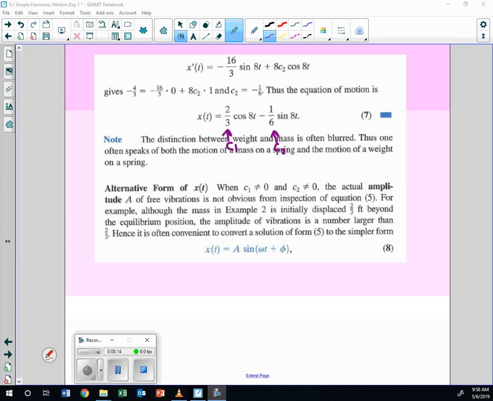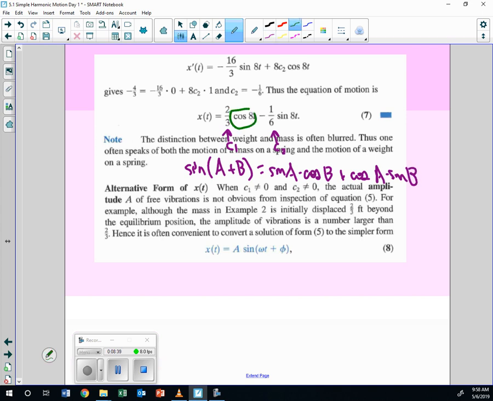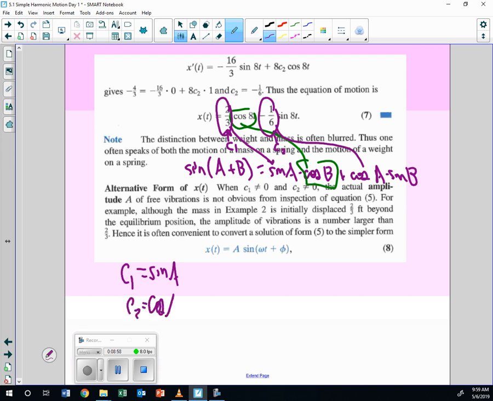So if you looked at the sine of A plus B, that's the sine of A times the cosine of B, plus the cosine of A times the sine of B. So notice that the cosines match, meaning that C1 is the sine of A. And then for this one, C2 is the cosine of A.